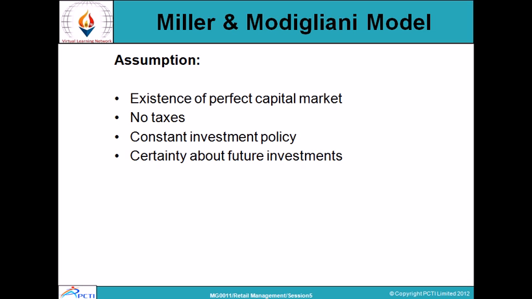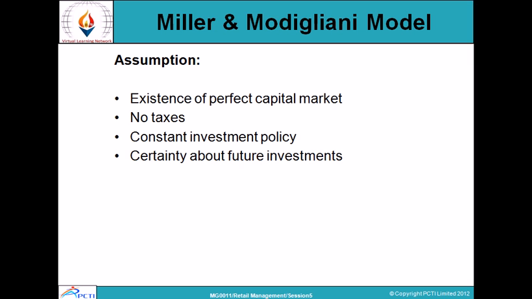The Miller and Modigliani hypothesis seeks to explain that the firm's dividend policy is irrelevant and has no effect on the share prices of the firm. This model insists that the investment policy through which the firm can increase its share value should be given more importance. Right?